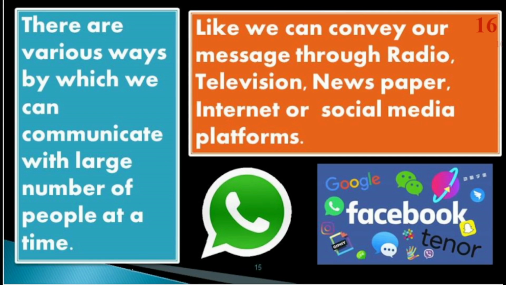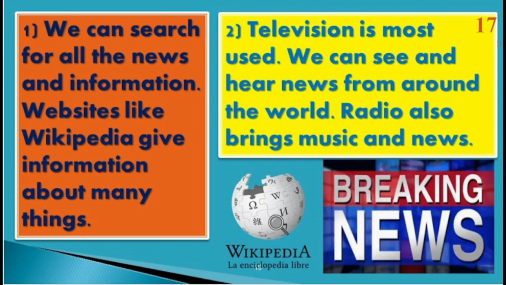We can use many different types of media like WhatsApp, Facebook, newspaper, and different types of social media are also available. We can also use the internet, Instagram, television, newspaper and radio. These are the different types of communication media we are using nowadays.